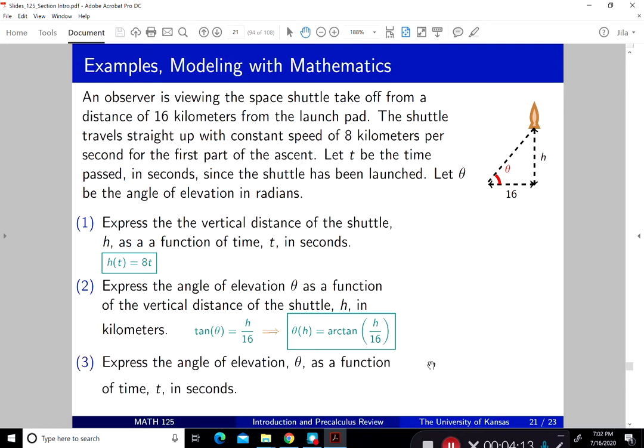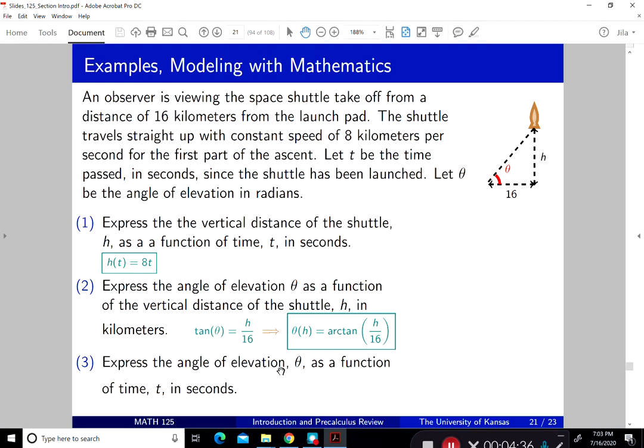Now, the next question is: express the angle of elevation theta as a function of time t. Oh, we just did express theta as a function of h. Now we're actually finding, let's see, it was theta of h and I had h of t.